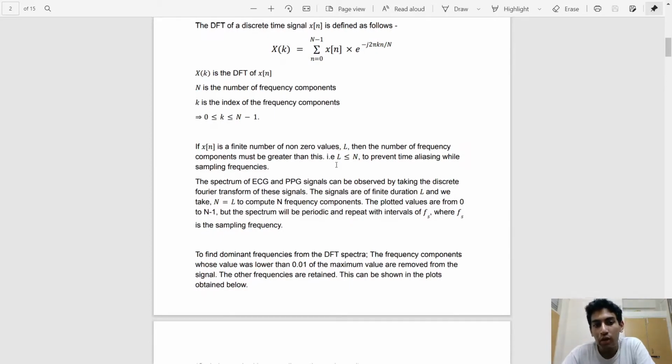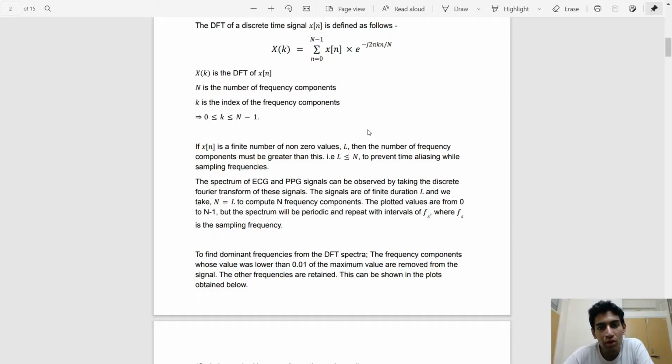It is important to note here that if a discrete time signal x of n has a length of L, which means that it has L non-zero values, then the number of frequencies that are used to divide the minus pi to pi interval must be either greater than or equal to L. This is because if it is less than L, then we'll get a time aliasing effect in the time domain.